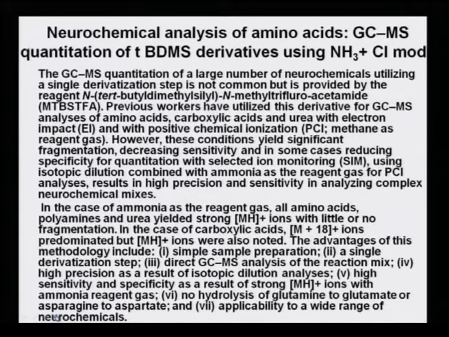In the case of ammonia as the reagent gas, all amino acids, polyamines and urea yielded strong MH plus ion with little or no fragmentation. In the case of carboxylic acid, M plus 18 plus ions predominated, but MH plus ions were also noted.